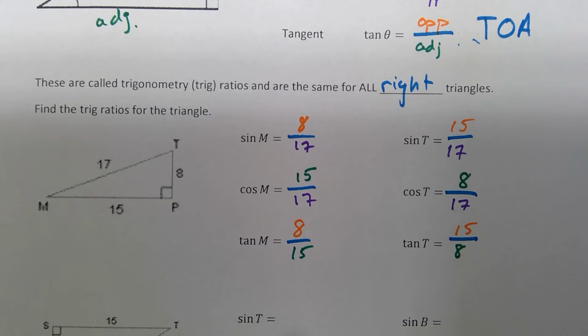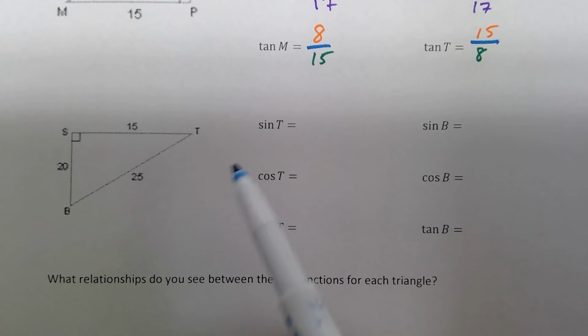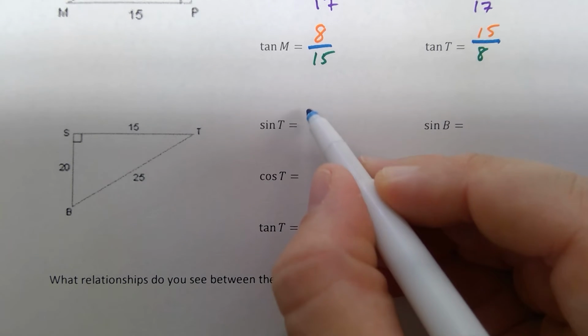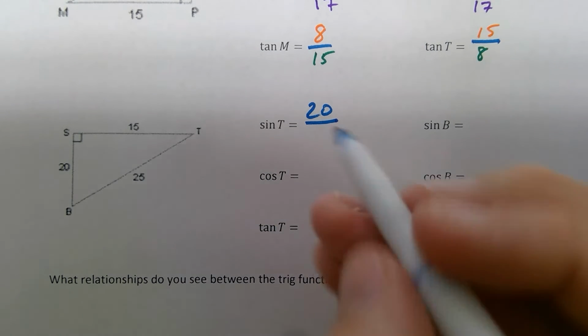Now, let's go ahead and work through the next set of sines, cosines, and tangents. I'm not going to use my colors this time, though. So, with sine T, let me move up my page. For sine T, I want opposite, which is 20, over hypotenuse, which is 25.